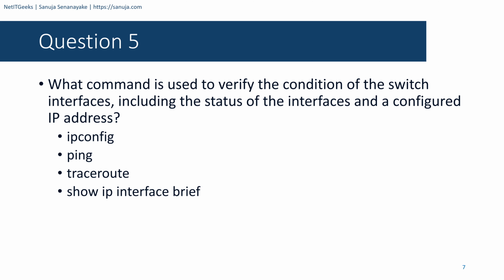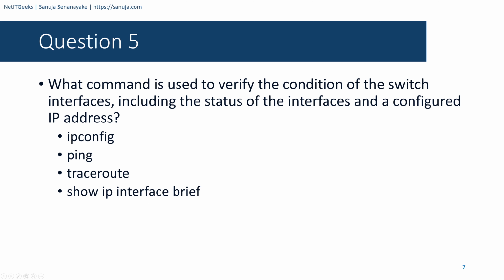So you will notice that IP config, ping, and trace route are actually checking our network basically. Whether it's an intermediary device such as a switch or a router, it's just checking the network configurations or how good the network is working. You can send a ping to an end device or another intermediary device, and you can check your IP configuration. The only thing that is different here is the show IP interface brief command.